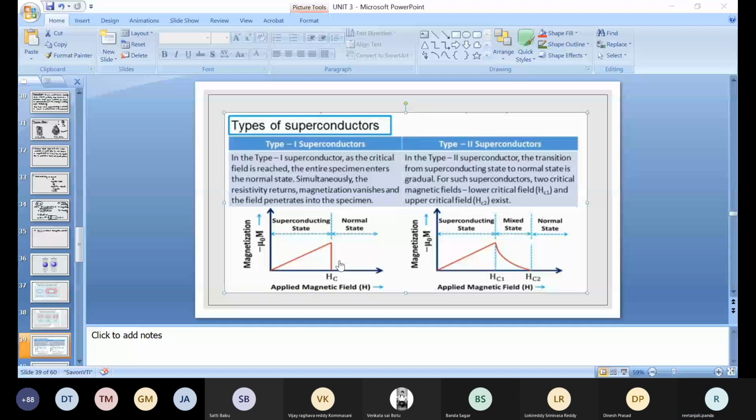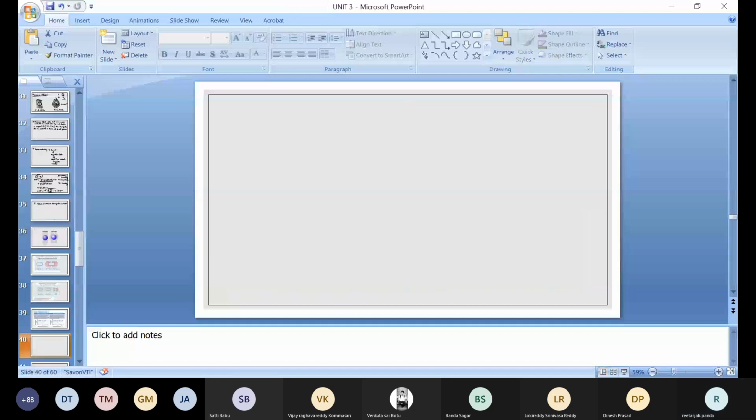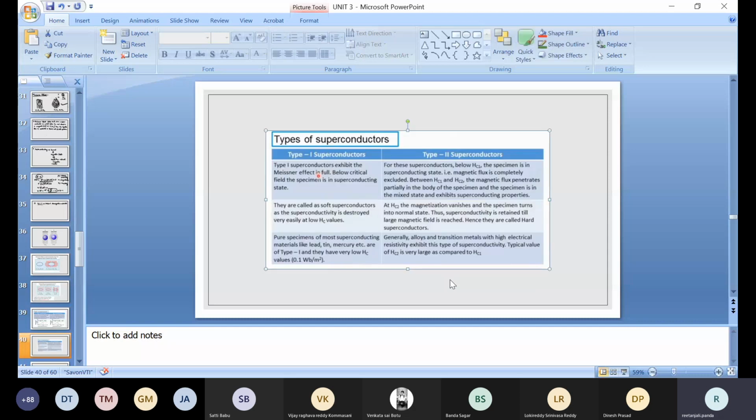Okay. Now we will see the difference between type 1 and type 2 superconductors. As I told you, in a type 1 superconductor, we have only one critical magnetic field, the magnetic field that we are giving externally.